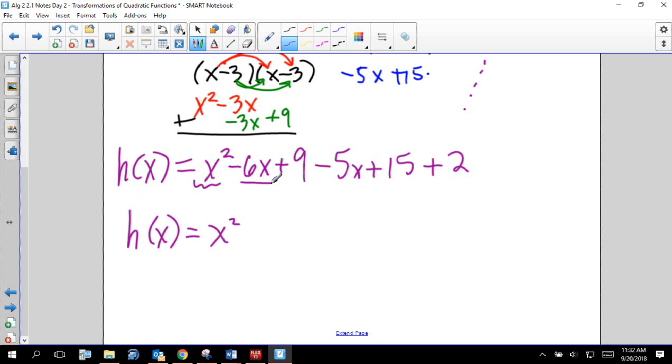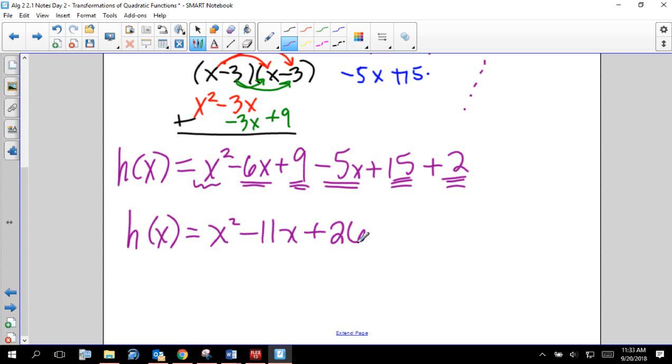And then how about minus 6x? Minus 5x, so minus 6 minus 5, minus 11x. How about 9 and 15 and 2? 26. Is there anything else we can simplify? No. All right, we're halfway done.